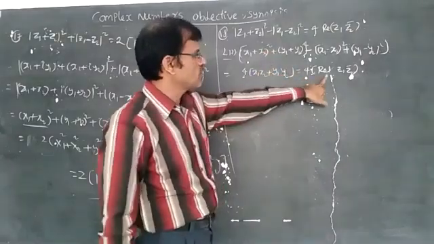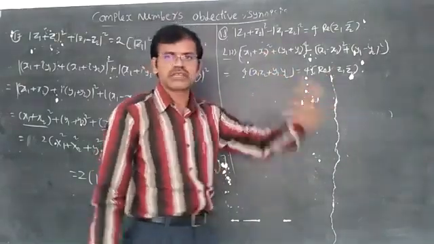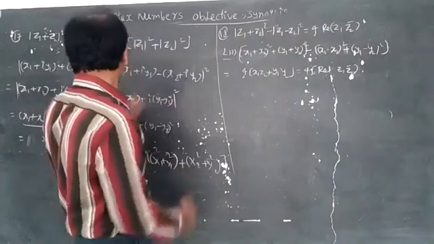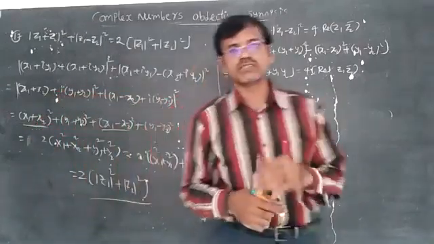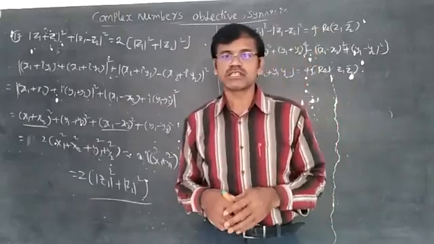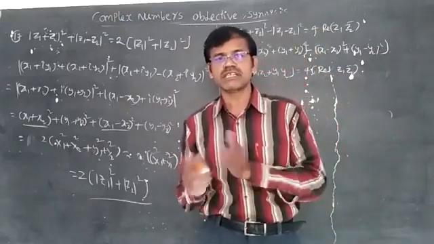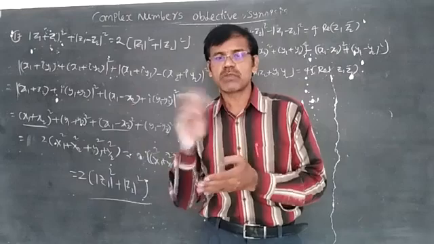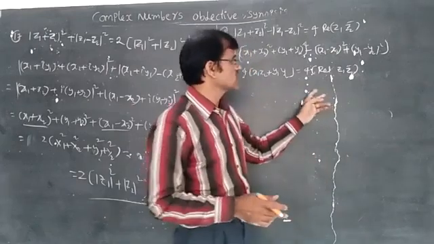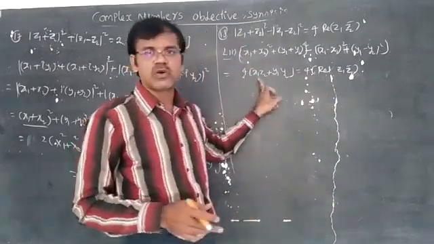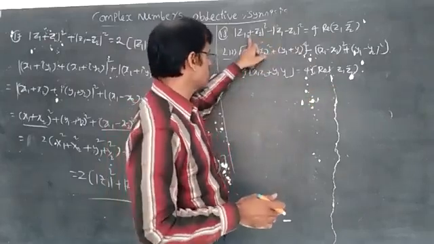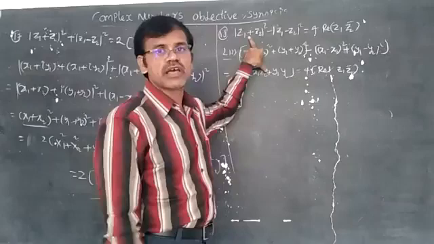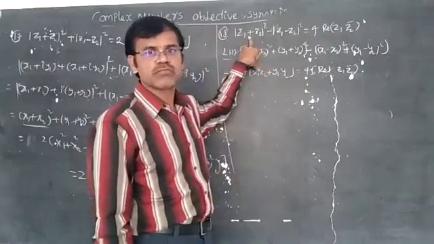So whenever you are doing z1 z2 bar, I already said in the 5th sum, 15th sum I think, real of z1 z2 bar, where z1 is x1 plus i y1 and z2 bar is x2 minus i y2, whenever you are multiplying the terms you should consider only the real part of the answer. You can prove this one. So you can understand how the algebraic formula is not directly applicable for complex numbers.